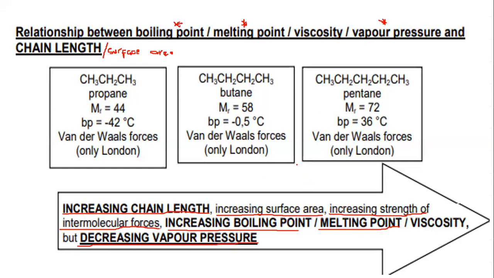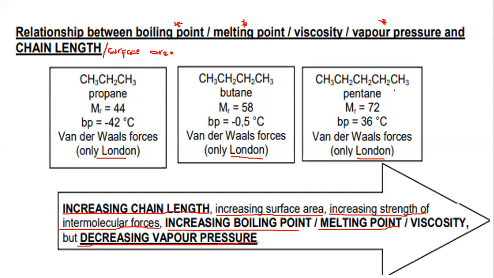And when you look at these molecules, we can compare their boiling points based on the chain length. Why? Because all of them have what we call London forces. London forces are those intermolecular forces that you get on the hydrocarbon chain.